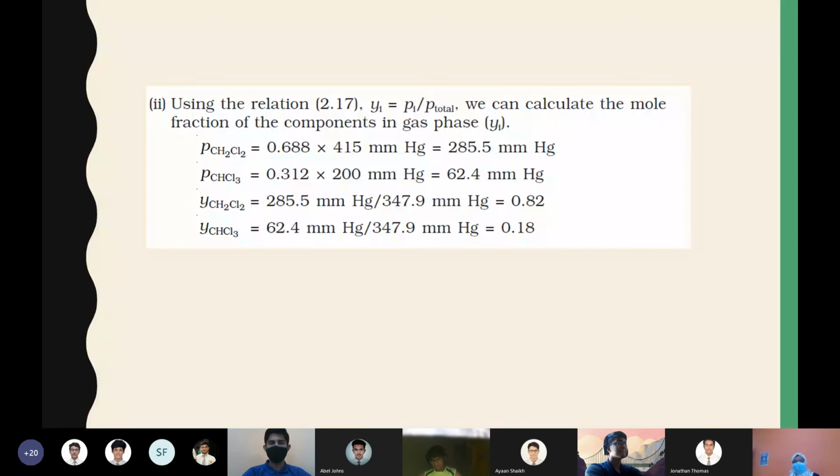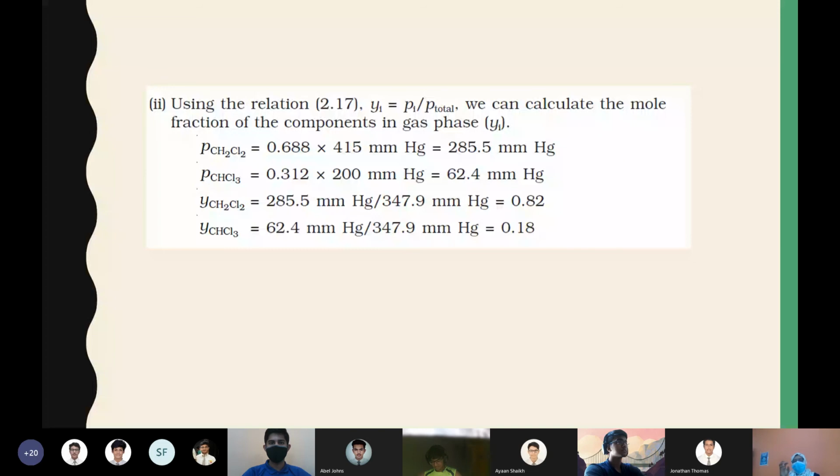Last year in grade 11, you studied ideal and non-ideal gases, and that definition was based on the ideal gas equation. From the combined gas law we derived the ideal gas equation, and all gases which follow it were termed ideal gases.